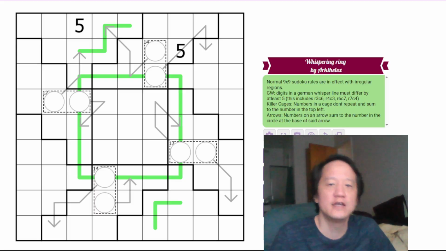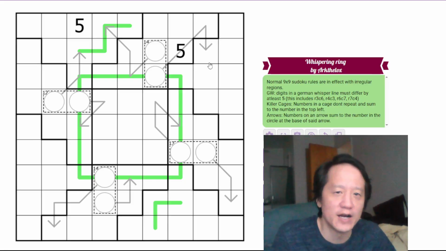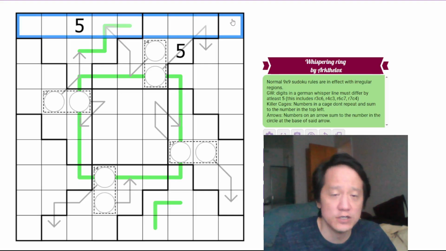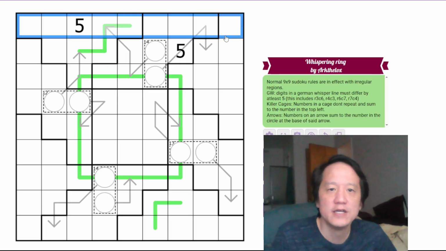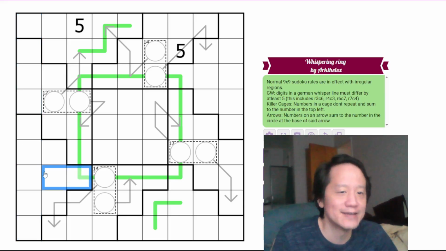And here are the rules. We have normal 9 by 9 Sudoku rules in effect with irregular regions. So this is why I say my rules for normal Sudoku: you need to place one digit from 1 to 9 in every cell such that there are no repeats in any row, column, or 9-cell region.